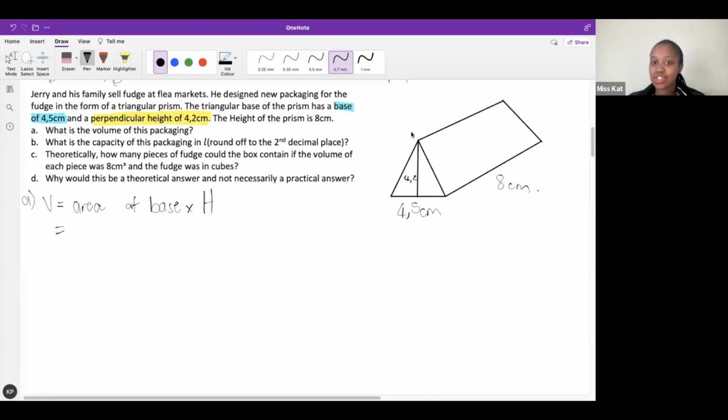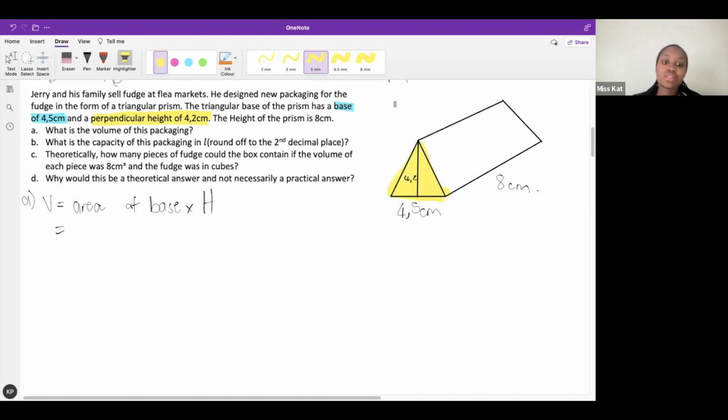Listen carefully. What shape is the base of this prism? We are not listening. We're all rushing to write 4,5 and 4,2. It's a triangle. This is a triangular prism, isn't it? So then the base is a triangle. That's your base.